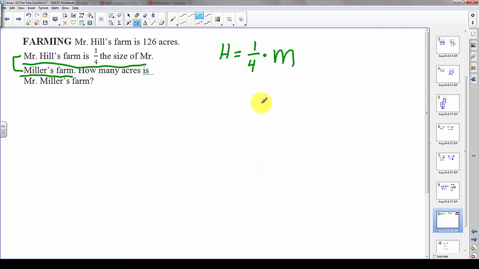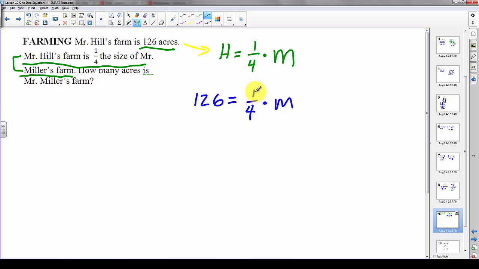This is a relationship that I have, but they tell me that Mr. Hill's farm is 126 acres. So I know that this H value is 126. So I'm going to say 126 is equal to 1/4 times m. And now I would need to isolate that m.